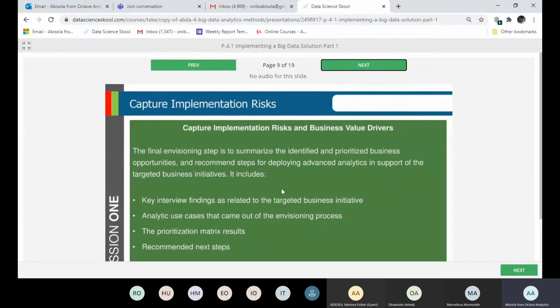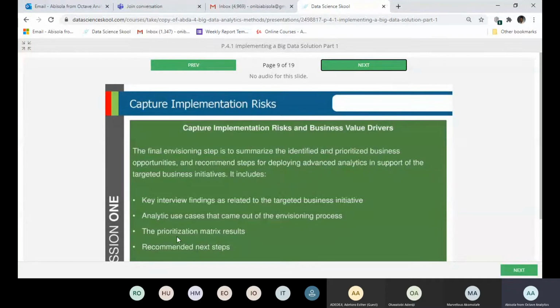And the next thing you're documenting is analytic use cases that came out of the envisioning process. So what are the things that you've seen that you can implement for the business? So those are the analytic use cases you are going to document. You're also going to document the prioritization matrix result, which we are going to explain soon. You've prioritized your use cases, okay?